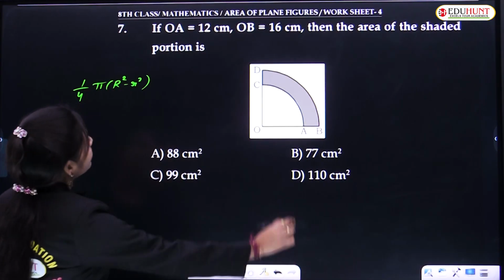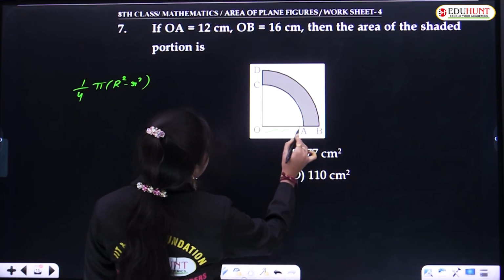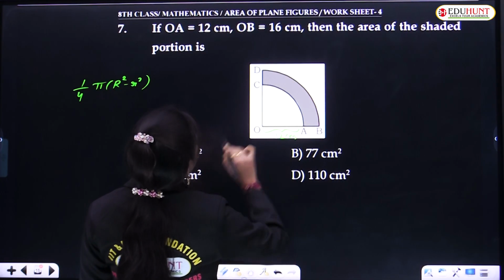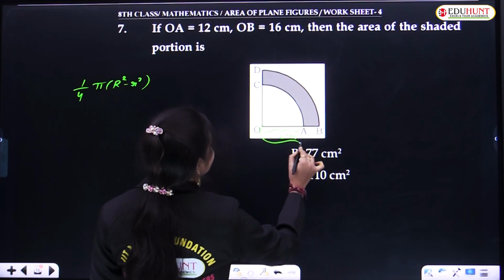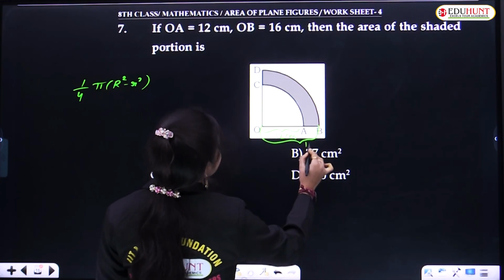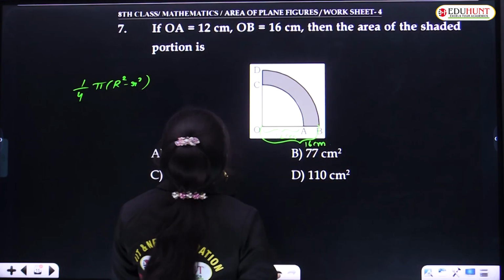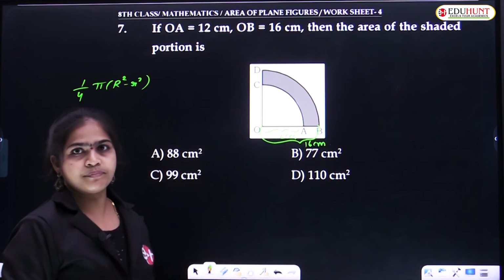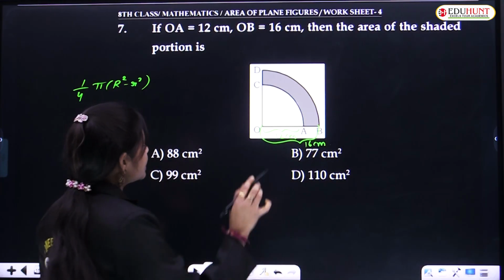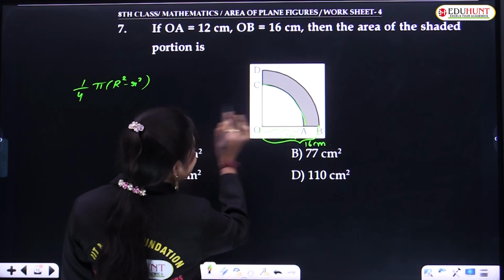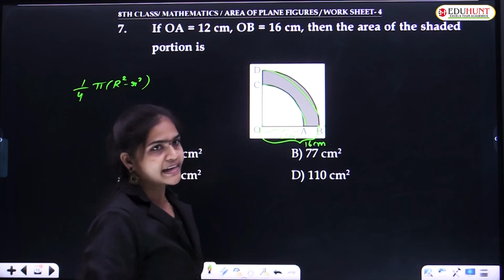See here, OA is equal to 12 centimeters. OB means this total measurement is equal to 16 centimeters. Then the area of the shaded portion. Just take it as this is the inside circle and this is the outside circle.